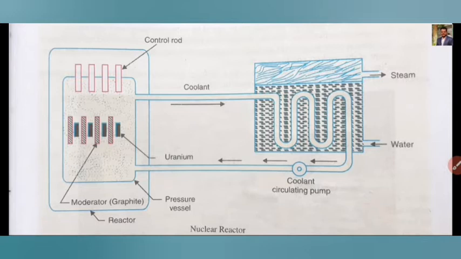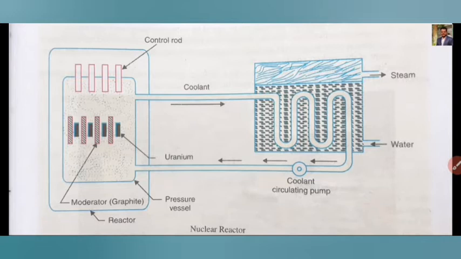Basically, in the nuclear power station we use uranium 235 as fuel. You should remember that we use fuel because our main motto is to produce electricity by converting heat energy into electrical energy.